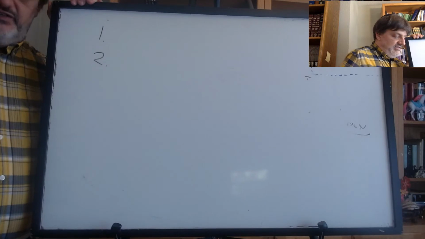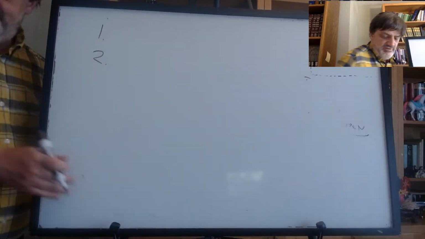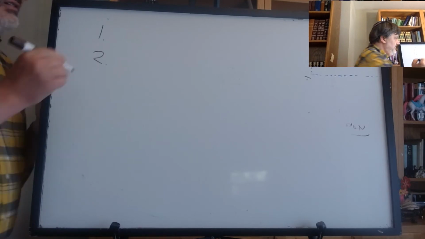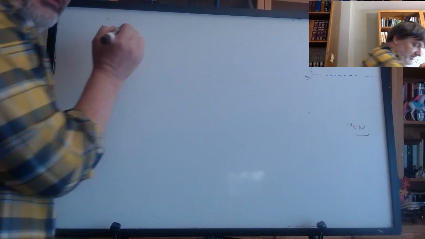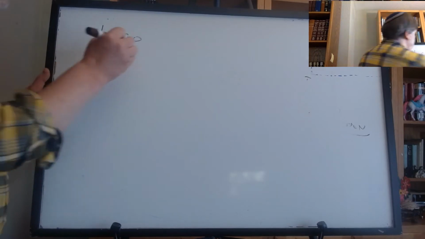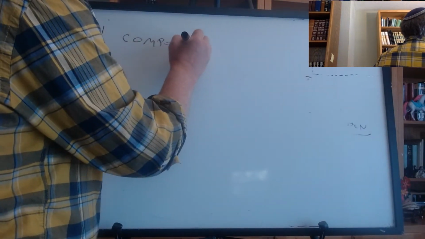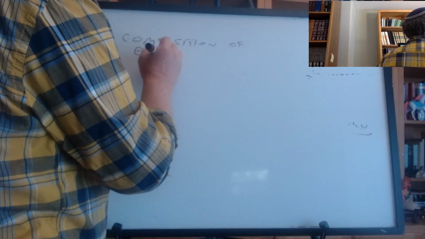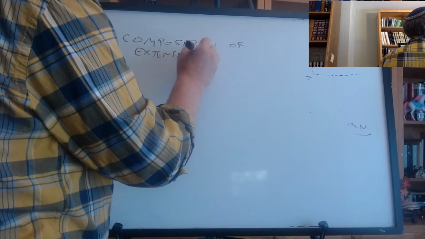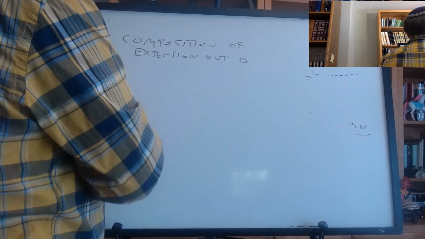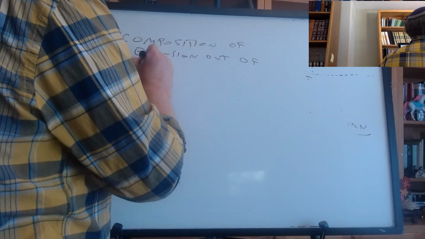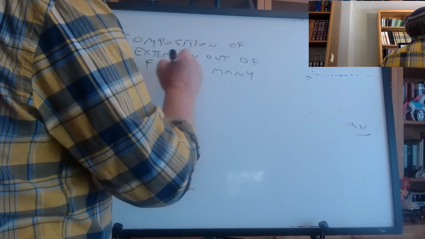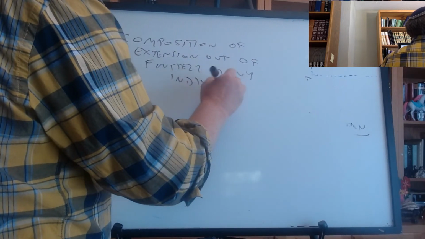So one is the composition of extension out of finitely many indivisible parts.